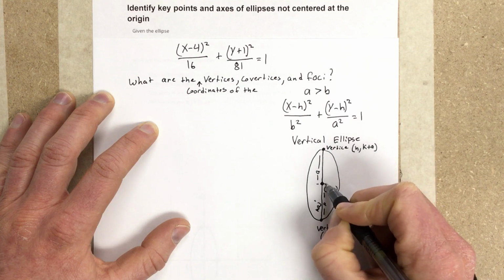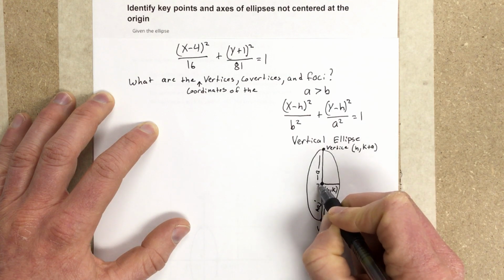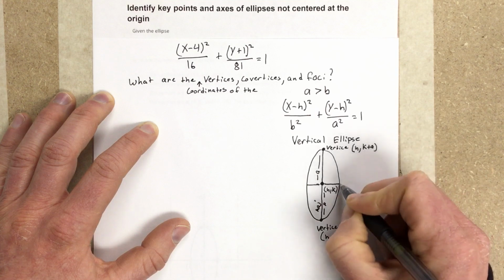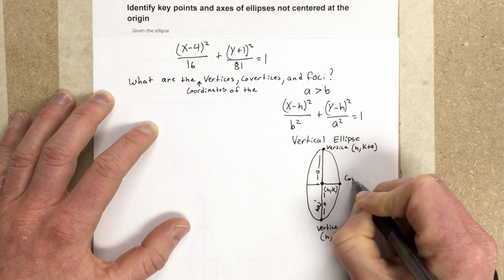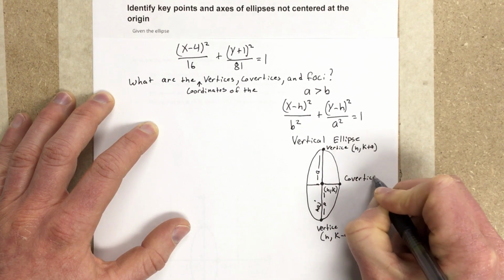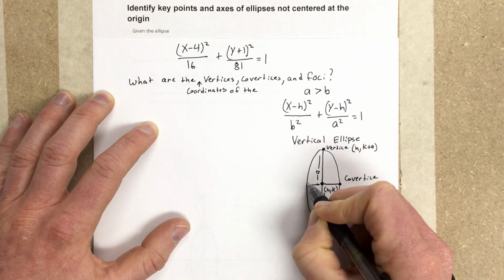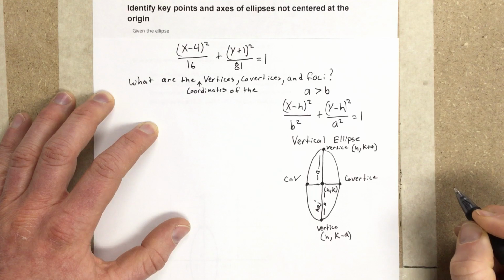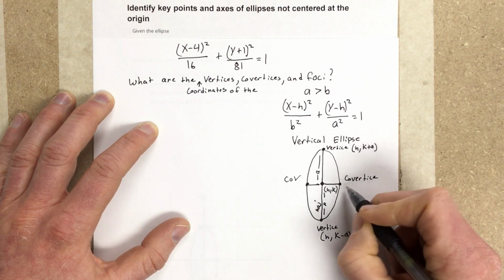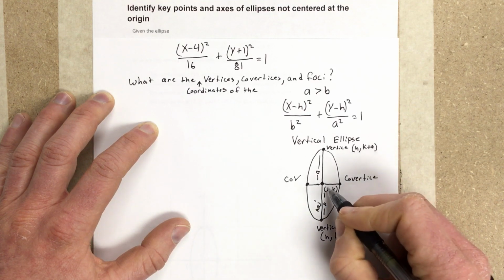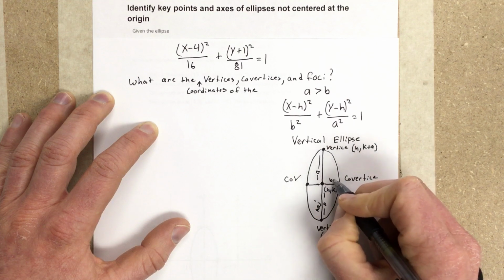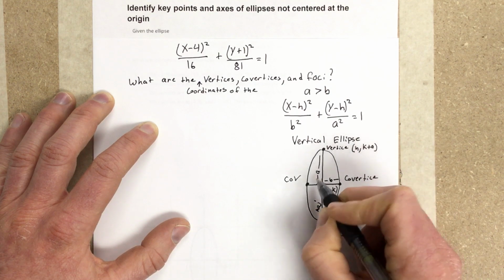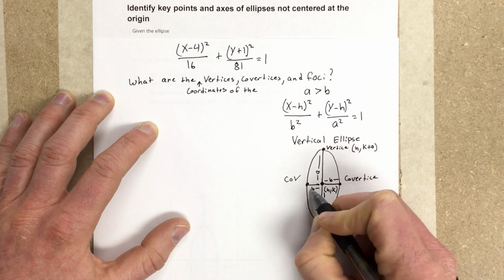And then for the minor axis, I'm going to have a covertice here and one right here as well. I'll just say COV, covertice. This coordinate would be at a distance b from the center, and then a distance b from the other side as well.